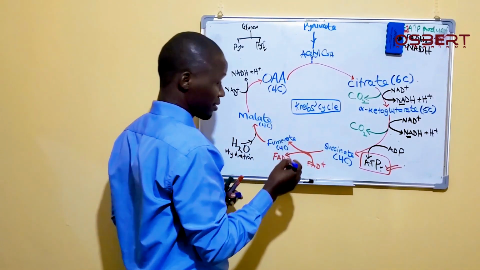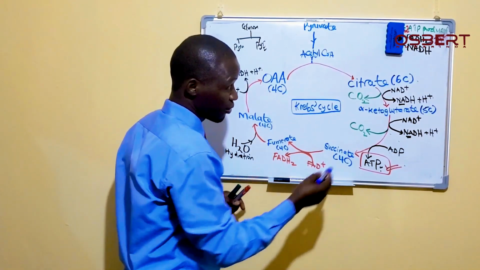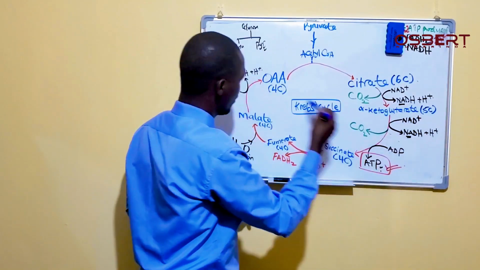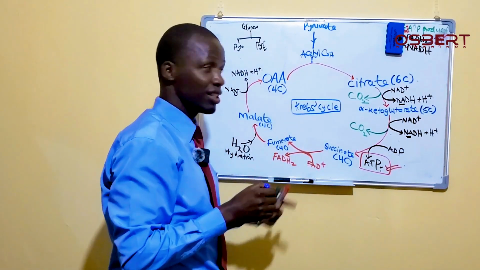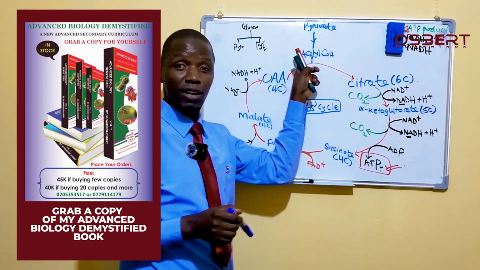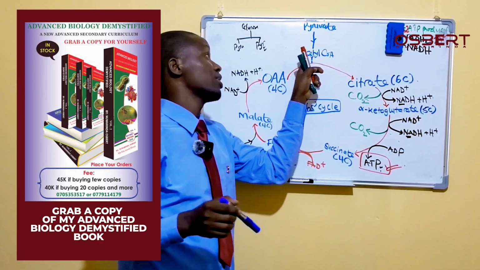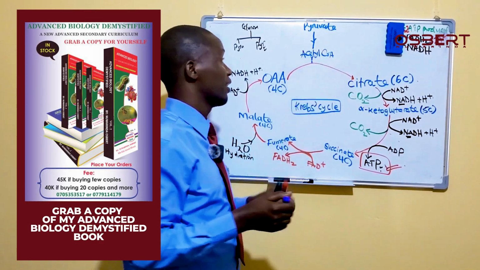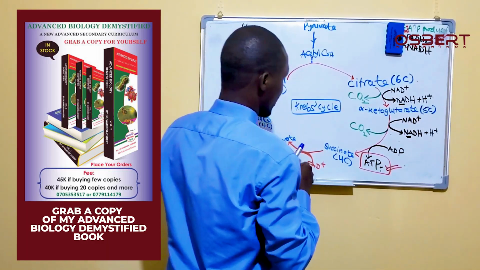We saw that it is true that we have 1, 2, 3 NADH produced in the cycle. But this cycle cannot take place if we don't have acetyl CoA. And for us to have this acetyl CoA, we had a very important reaction.